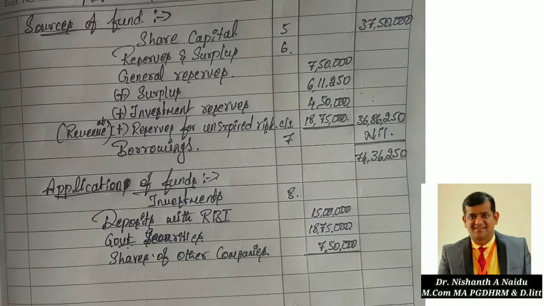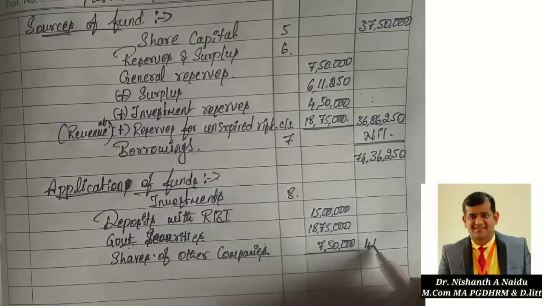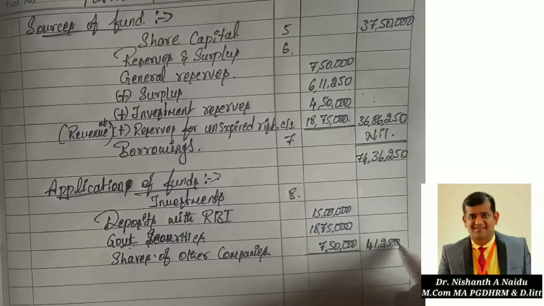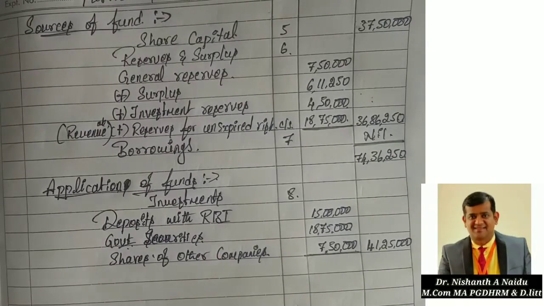I think I have done the calculation mistake. I'm sorry. 15 lakh plus 18 lakh 75,000 plus 7 lakh 50,000. That comes to 41 lakh 25,000. I have added 10 here extra, that is why it went crores. So be careful while calculating.